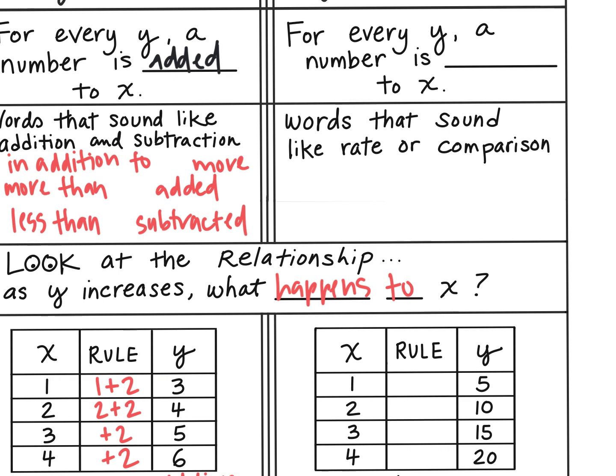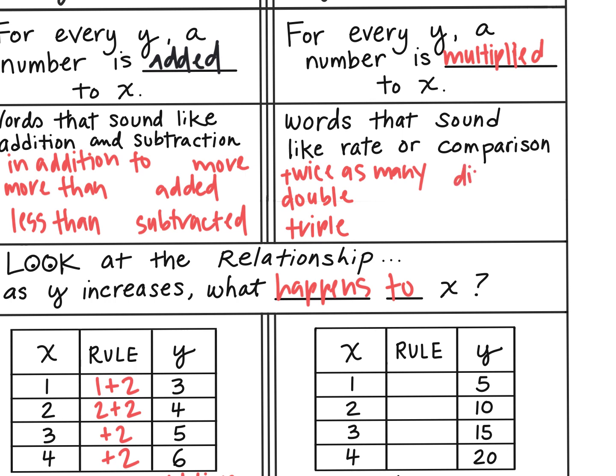Okay, well, what about if it's multiplicative? For every y, a number is multiplied to x. So instead of being added, because it's multiplicative, it is being multiplied to x. Words that sound like rate or comparison, sometimes twice as many, might be seen. Double, triple. We know that we're multiplying by 3.